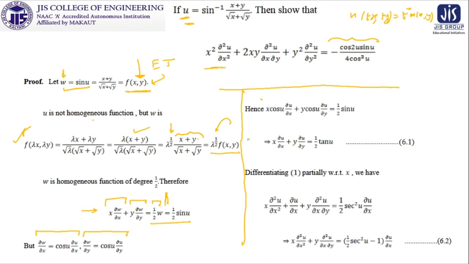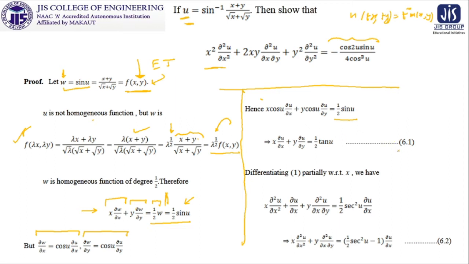From where did this half sin u come? It came from this. After that, by taking cos u common and making it the denominator, we can write x del u del x plus y del u del y is equal to half tan u.